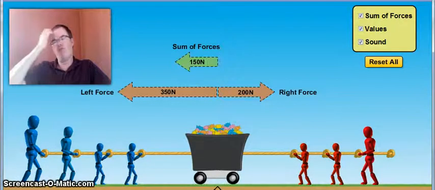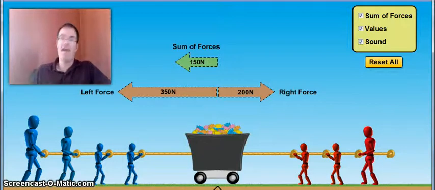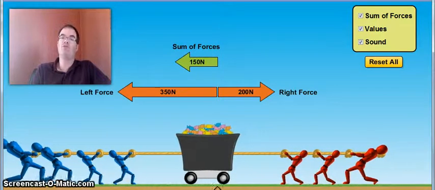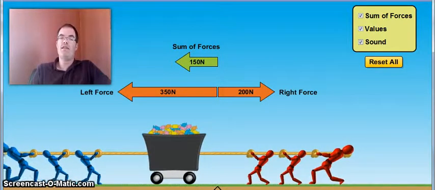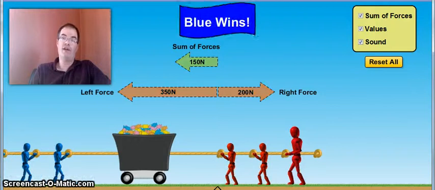So 150 newtons of force is the net force acting on this cart. And now when we set things into motion, we see that the blue team does in fact win. Well done, blue team.